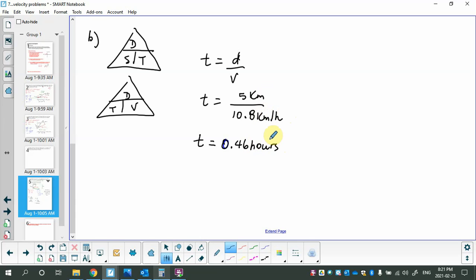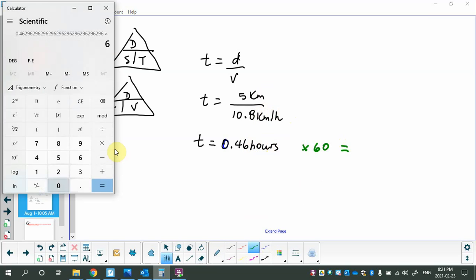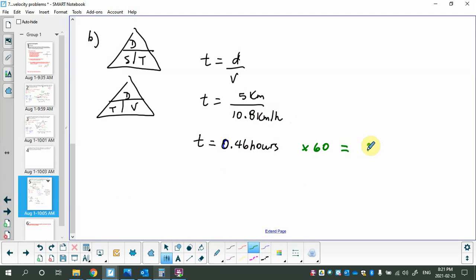So you can write your therefore statement to say that it takes that many hours, or you can times that by 60 and get 27.8 minutes.